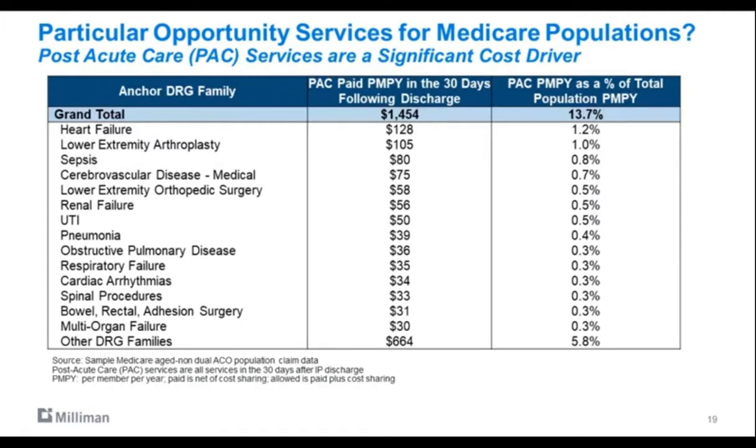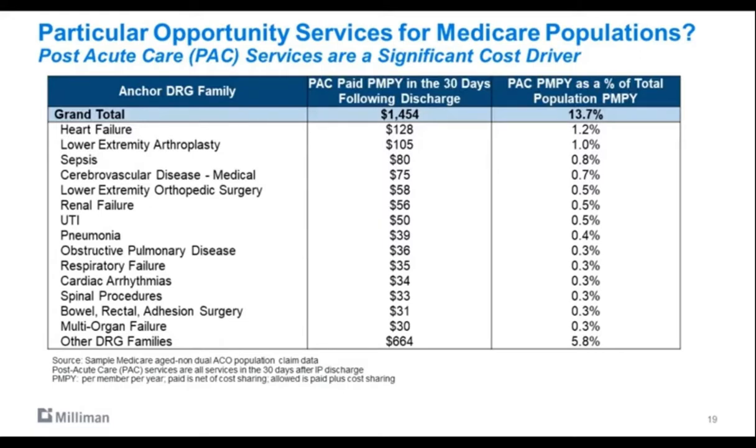And here's a distribution of DRG families by the percent contribution they have to that post-acute care, with heart failure being 1.2% of the 13.7%, and so that's a big chunk of it. So then the question is, well, what's happening in that post-acute care period that I might be able to impact? Am I having more readmissions or sending more people to SNFs?